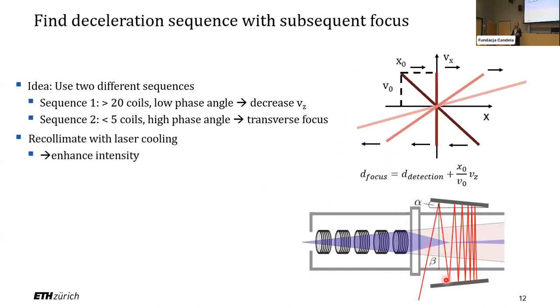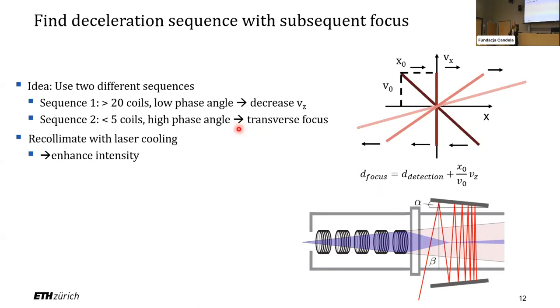But the focus, as I told you before, we actually do not necessarily want, because this would imply that we increase the transversal velocity spread, and we have very broad spectra. But with the laser cooling section, we can then recollimate the atoms which are focused so that we have a dense and collimated beam.